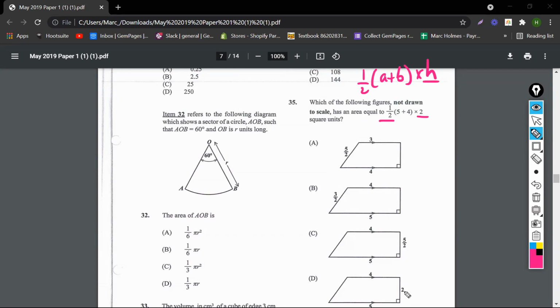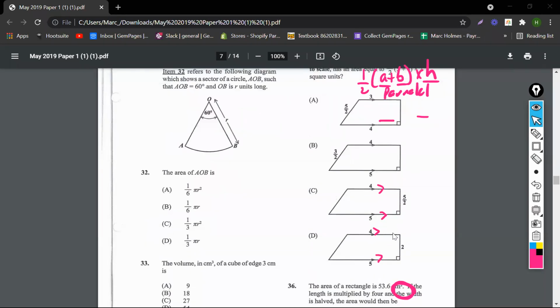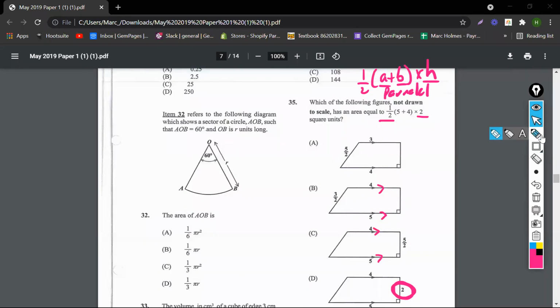The only thing that's giving me a 2 height is here for D. The 5 and the 4, guys, the A and the B, are always the lengths of the parallel sides, the sides that are parallel. So you can see here, guys, that the 4 and the 5 are parallel on everyone pretty much, but the one that we need is 5 and 4. This one is definitely 5 and 4, so it's still lining up to be D.